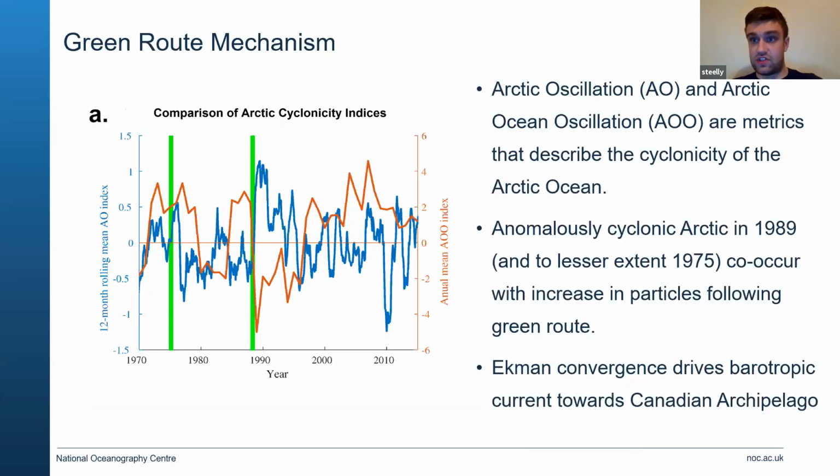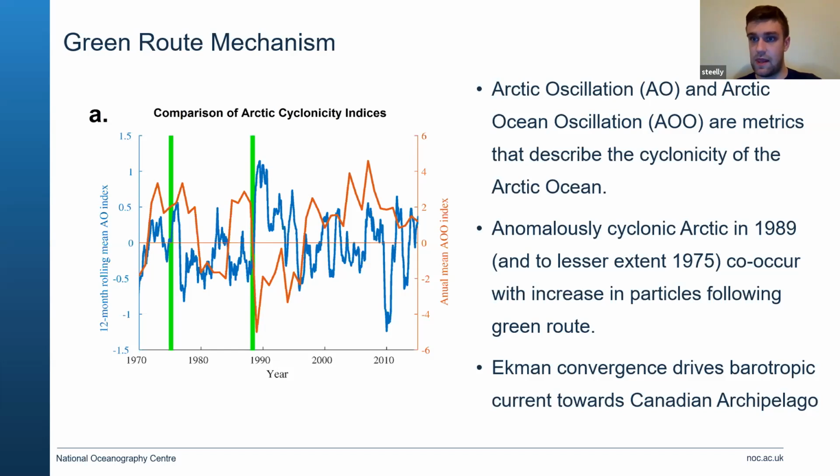We then get on to trying to understand the reasons why this change might be happening. We've got two metrics which both describe the cyclonicity in the Arctic. You've got the Arctic Oscillation, which I'm sure everyone knows about, and the Arctic Ocean Oscillation, which is something that Andrey Proshutinsky has come up with.